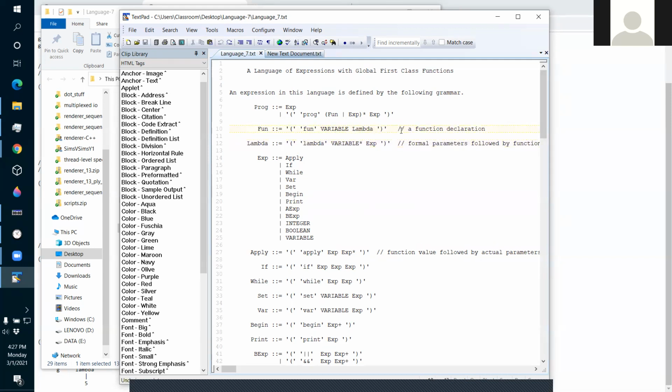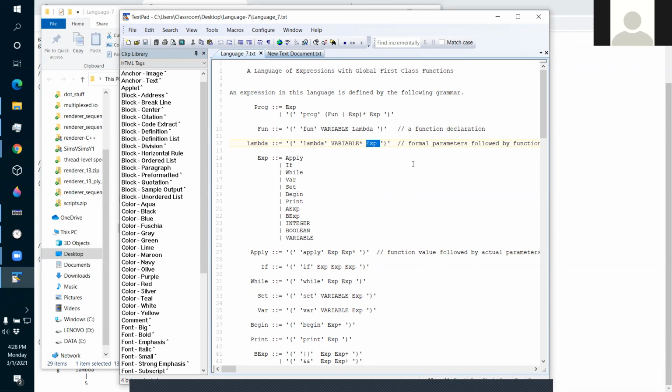By doing it this way, what we're really saying is that the function has a name and a lambda expression. The lambda expression encapsulates the idea of function, independent of name. A function is something that takes in parameters and gives you back a result. A lambda takes in parameters, and gives you back a result.